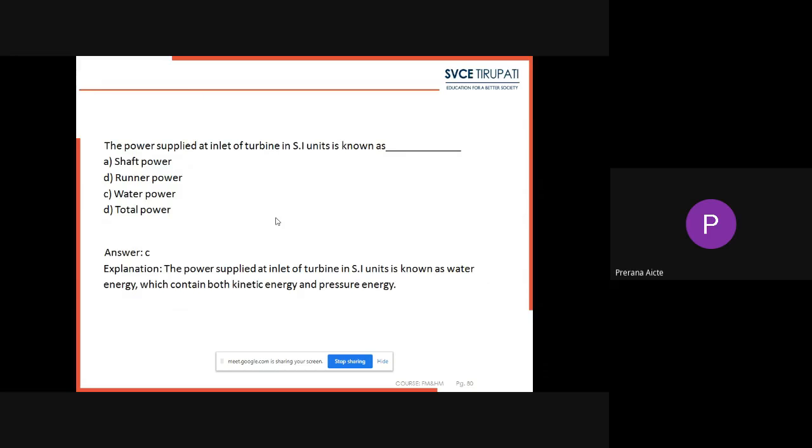Next question. The power supplied at inlet of the turbine in SI units is known as water power. So the power supplied at inlet of the turbine is known as water energy, which contains both kinetic energy and pressure energy.